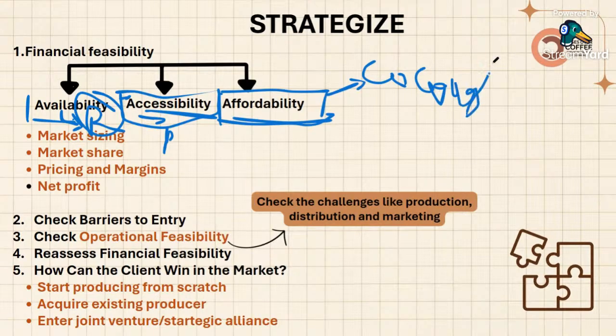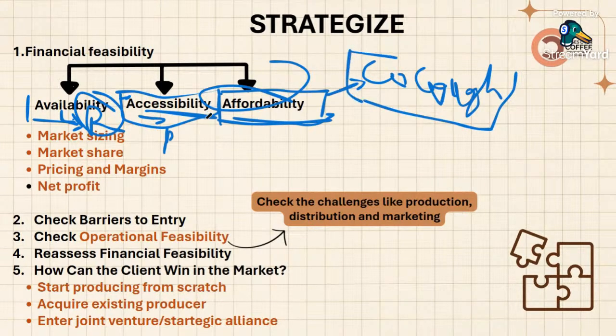Now the cough syrup is affordable, and they are exporting this product to the US market, or let's say any other market. The product is affordable, the product is available, but the product is not accessible to them because in order to purchase this product, they need a doctor's prescription.